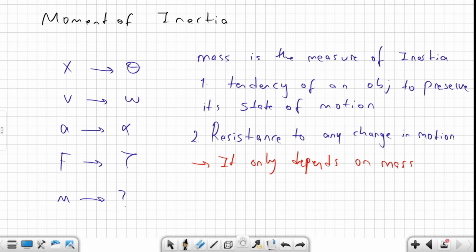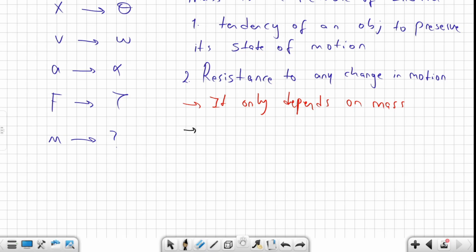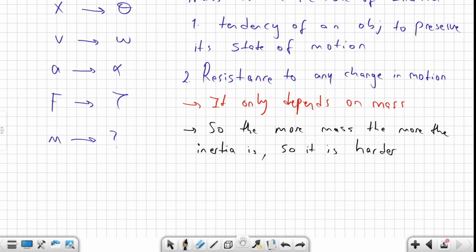The only thing that is important in inertia is the mass of the object. We can say that as mass increases, inertia also increases. So the more mass I have, the more inertia we have, so it is harder to make any change, when we talk about speeding up, slowing down, changing direction.